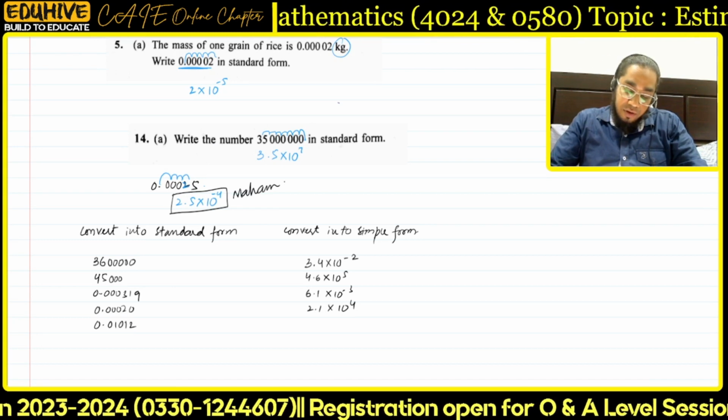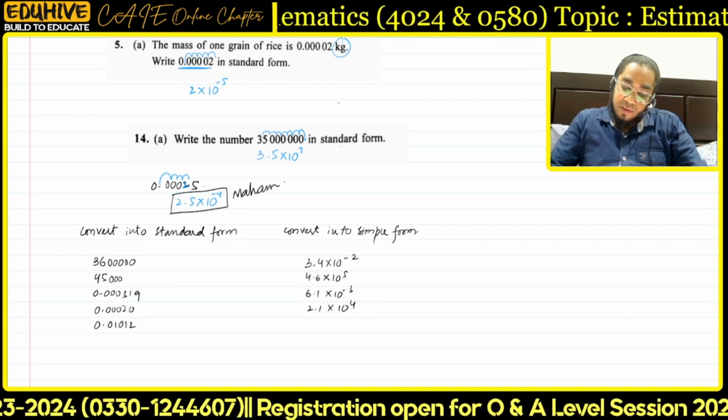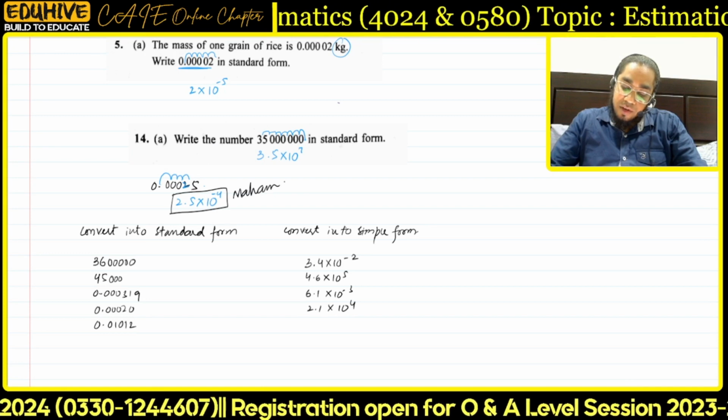Lamia, we've done the left column, just start with the right column. And Simra, you too, beta. Start with the right column. Convert into the simple form.